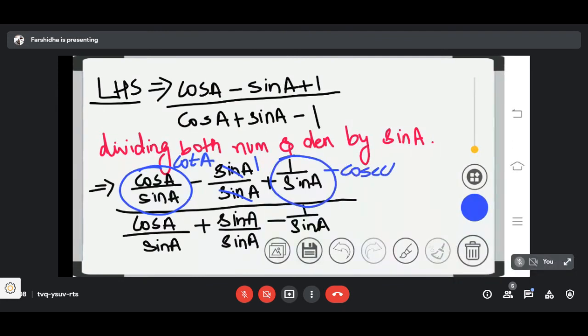Cosec. So 1 by sin A will become cosec A. Cos A will be cancelled and it will be 1.